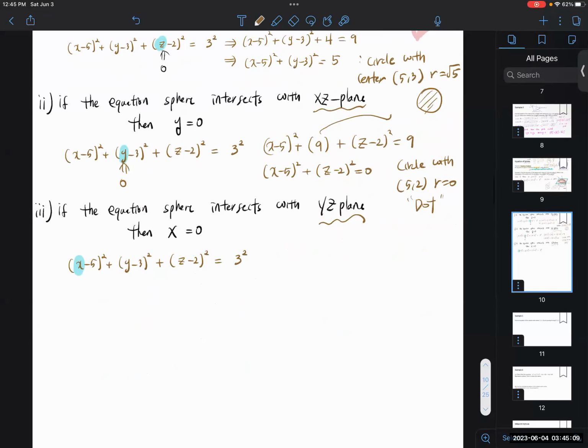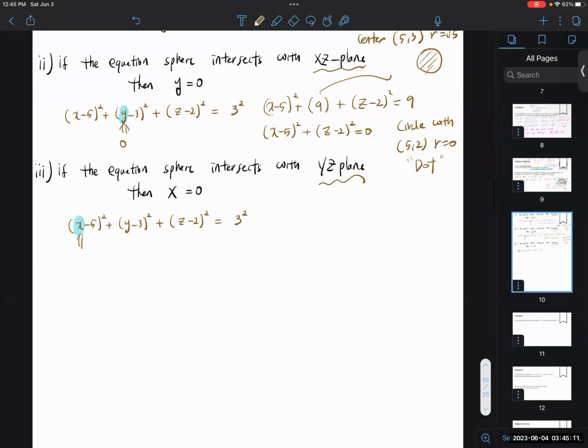Okay, let's check the last one. X is 0 when you hit the YZ plane. So it's 25 plus (Y minus 3) squared plus (Z minus 2) squared equals 9. So (Y minus 3) squared plus (Z minus 2) squared, it's going to be moved to the other side, negative 16.